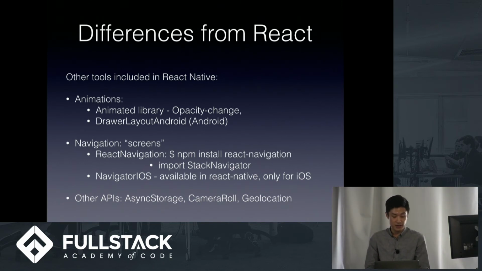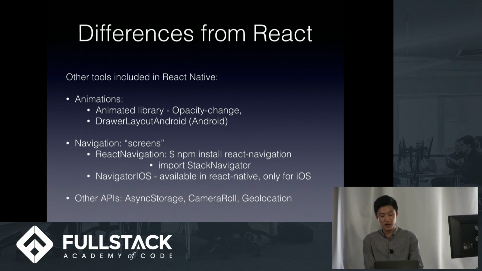And then there's navigation. So in React Native, a page is called a screen, and there's an API called React Navigation, and you can just install React Navigation, and then when you import Stack Navigator and run the function with it, it will slide in the next screen or remove it, and then you can jump from screen to screen that way.